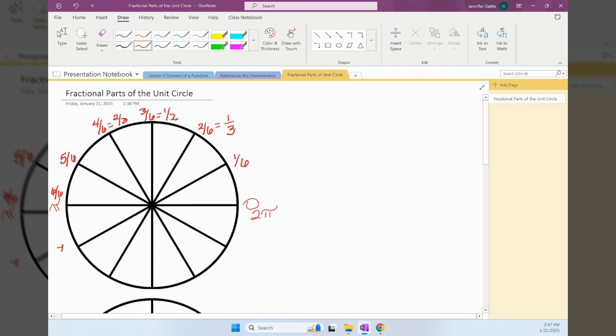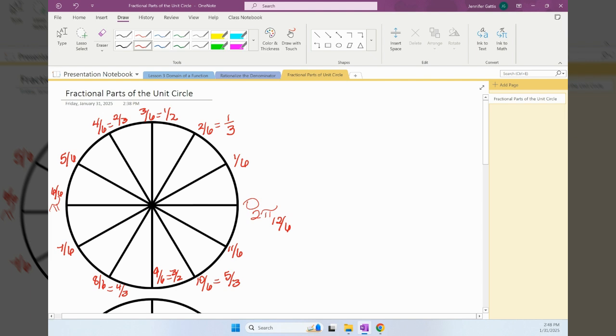Then we have 7/6. We would have 8/6 or 4/3. We have 9/6 or 3/2. We have 10/6 or 5/3. We have 11/6. And then over here, 2 pi is the same as 12/6.